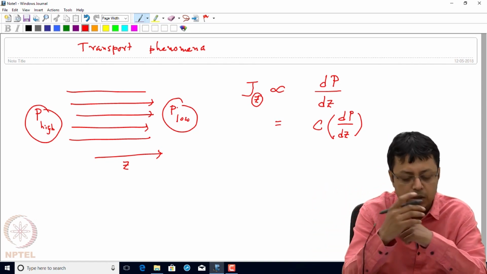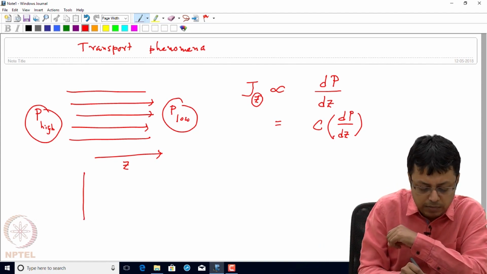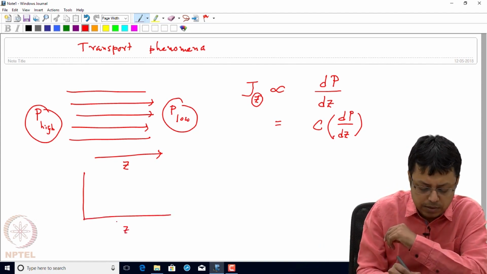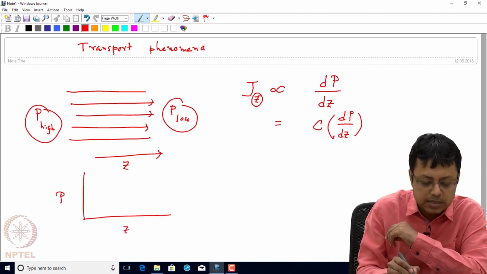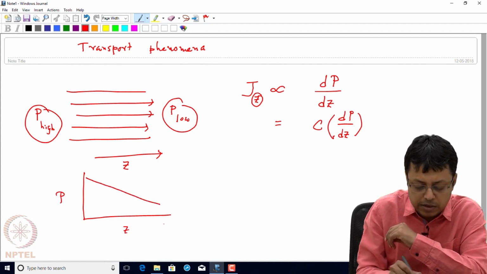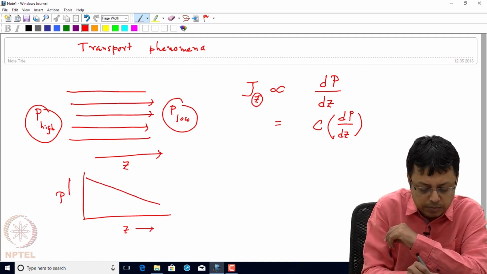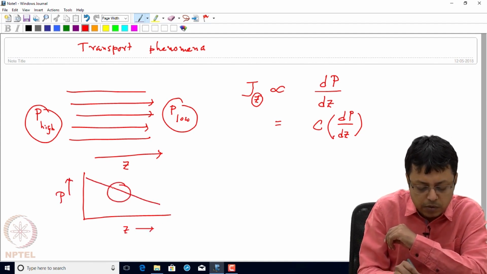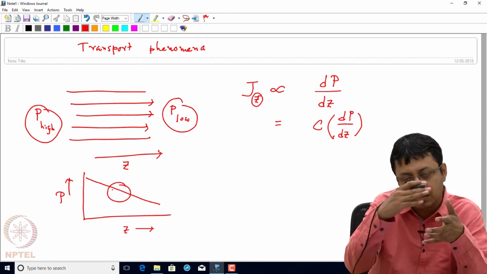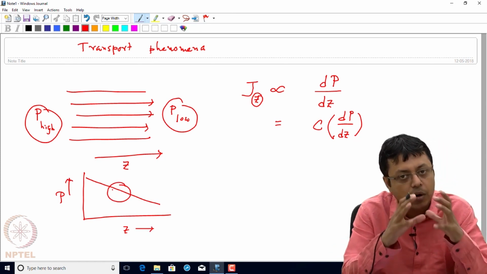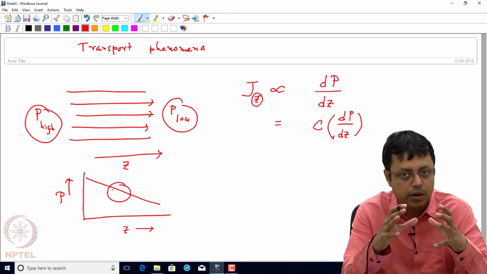So if we plot pressure versus z, if the gradient is linear, I see that if I am increasing z, the pressure is falling. Of course it is an oversimplification, because I have written it as a linear function, but whatever it is, I see it's a negative quantity.